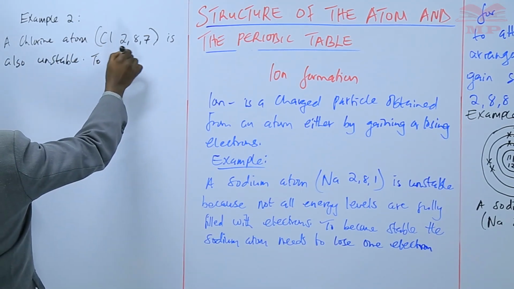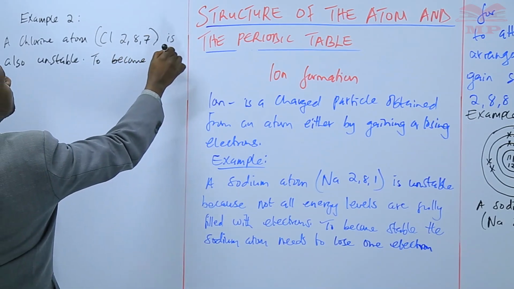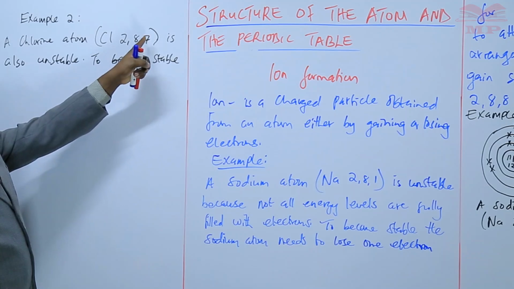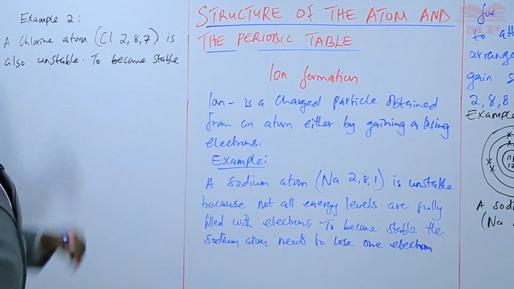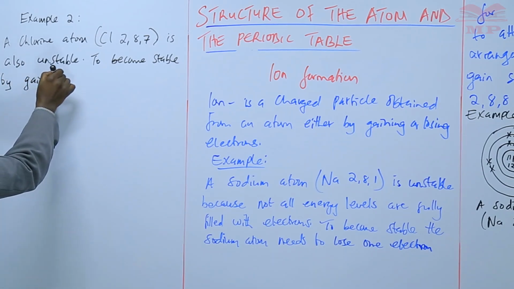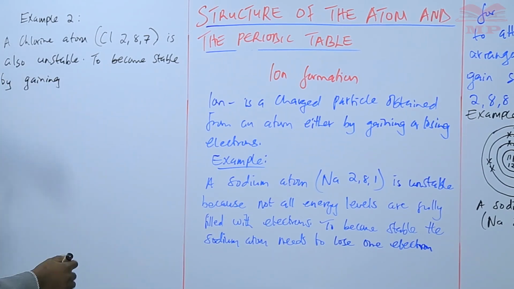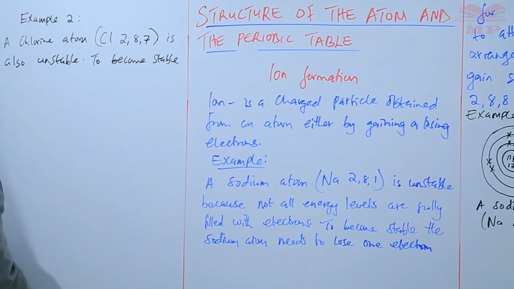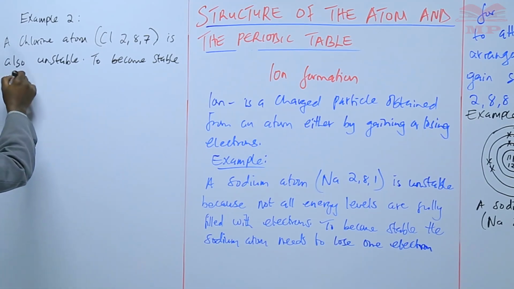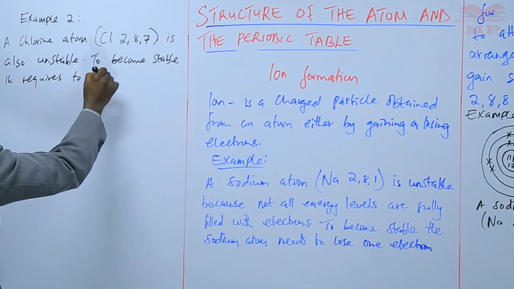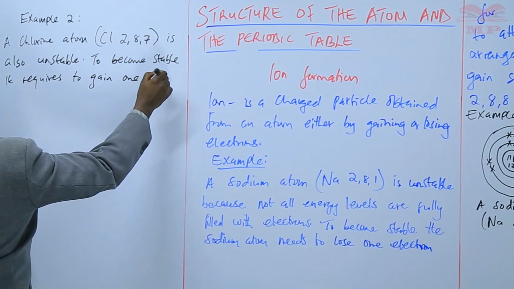And to become stable, it needs to gain one electron. It is easier to gain one electron here than to lose all the 7. So to become stable, it requires to gain 1 electron.